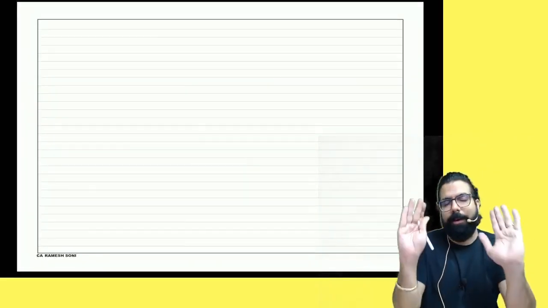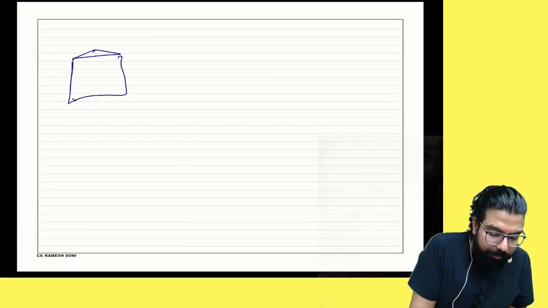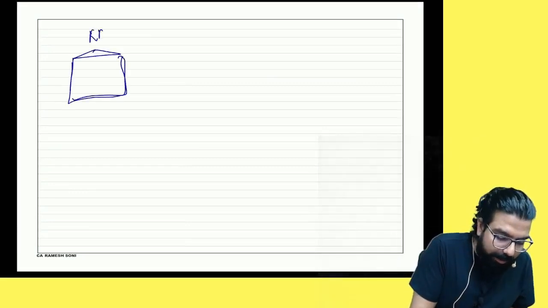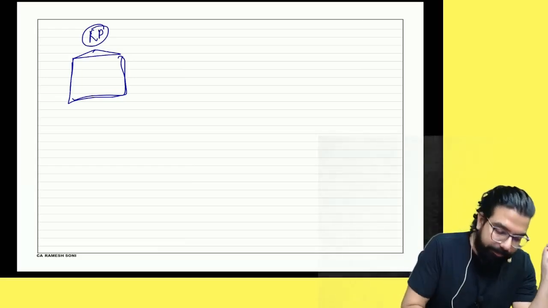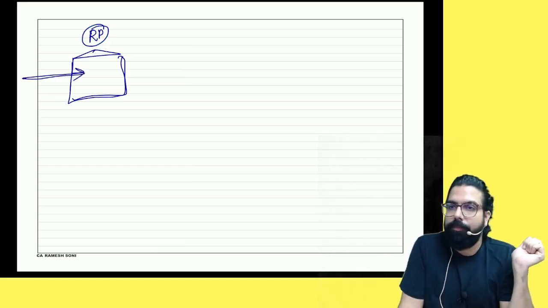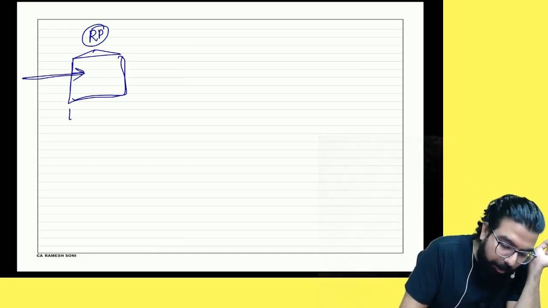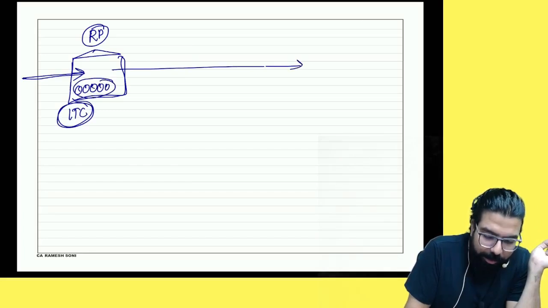Everyone over here, listen. Tell me one thing. People, I am a registered person. Whenever I am buying anything, will I take input tax credit? What is the purpose of input tax credit? That you should sell and pay GST.